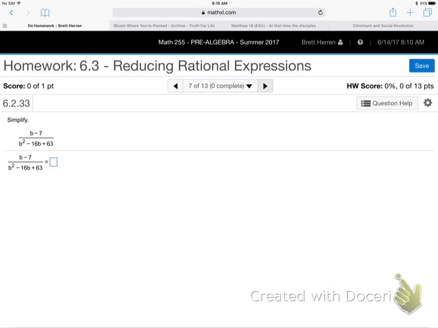You're gonna love number 10. All right, b minus 7 over b squared minus 16b plus 63. So try that one.